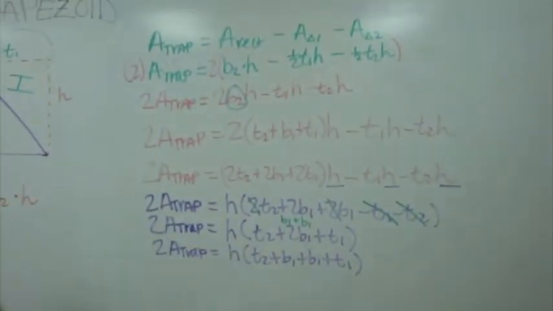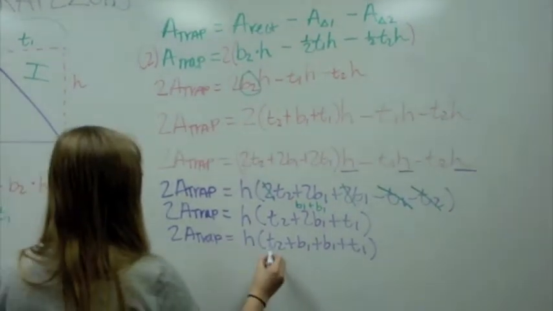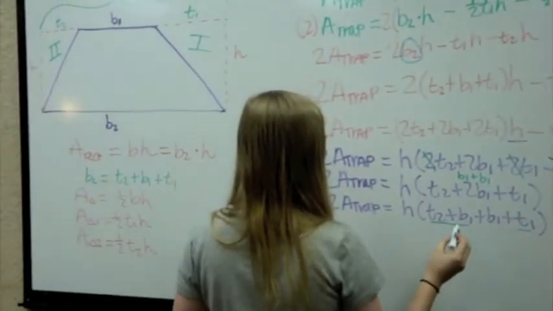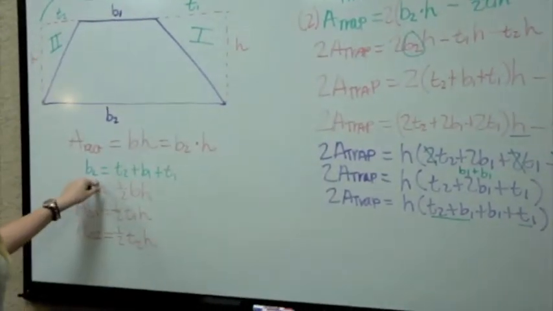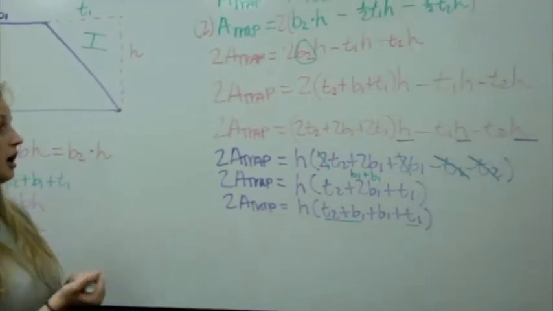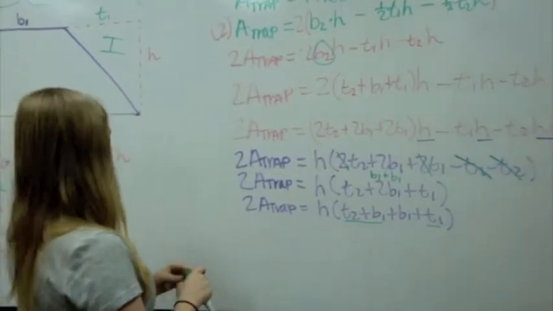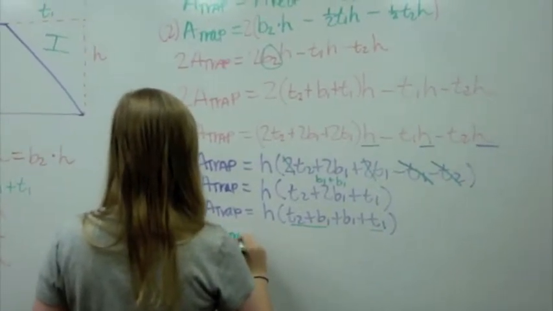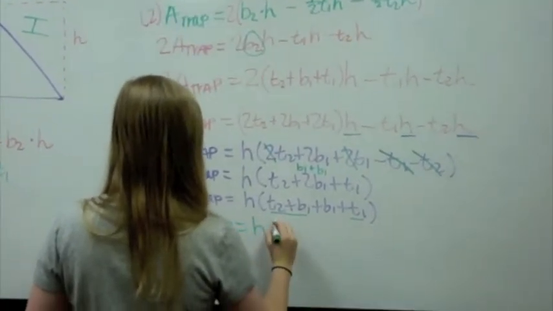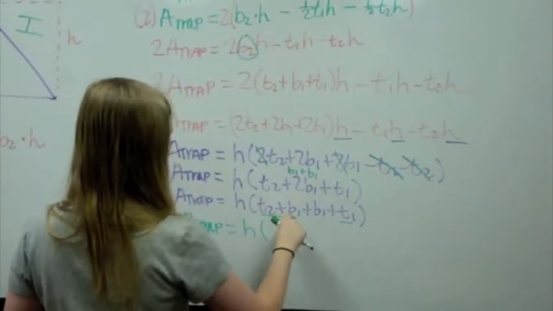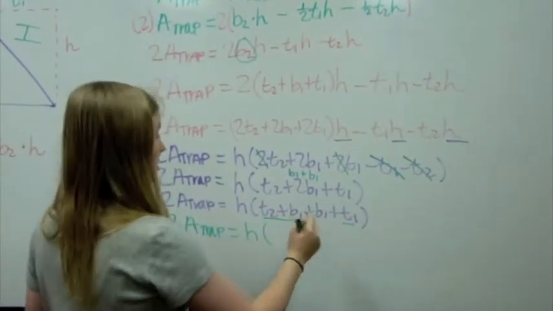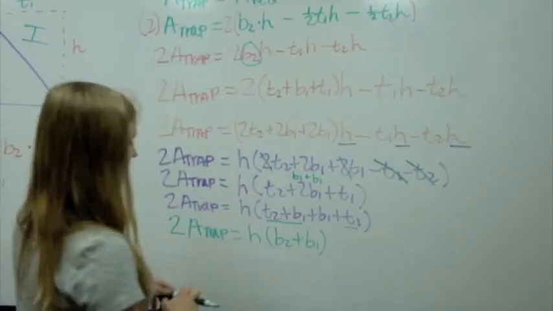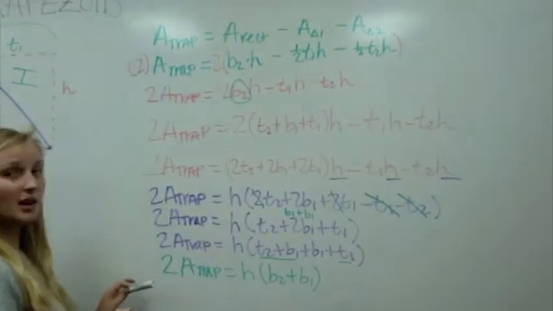Now, if you notice, T2 plus B1 plus T1 is equivalent to B2, as we said earlier. So, in order to get rid of some terms, let's go ahead and make the area of our trapezoid equal to H times, we said T2 plus B1 plus T1 is equivalent to B2, so we have B2 plus B1. Now, can't stop there.